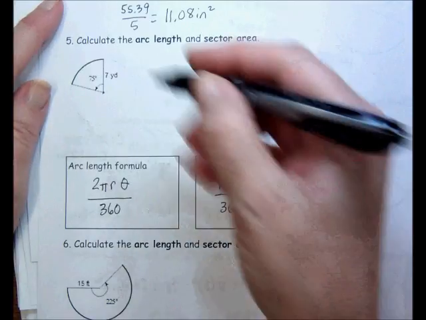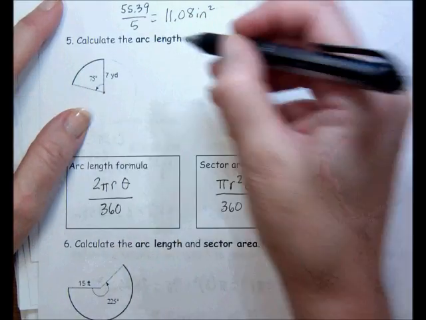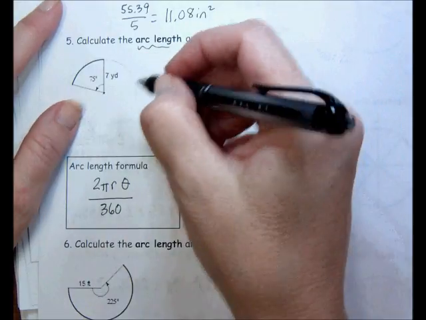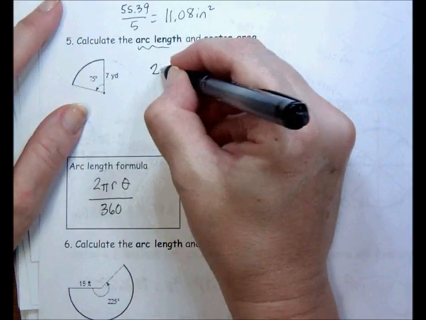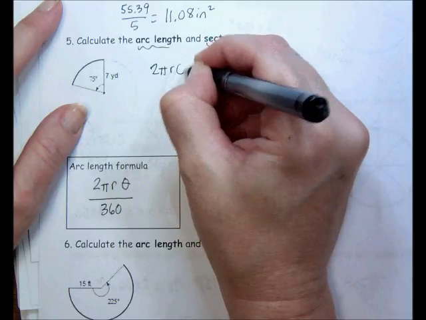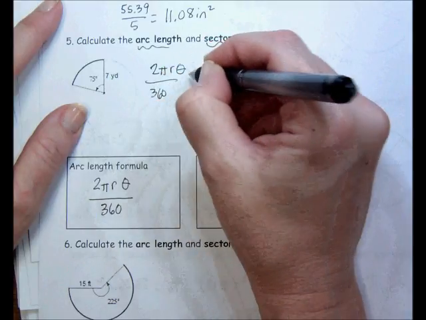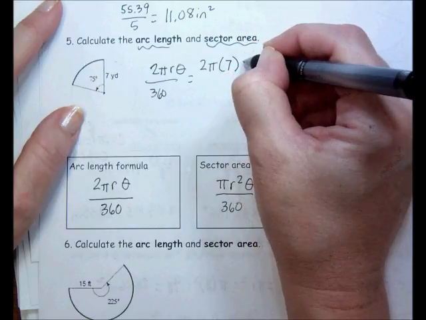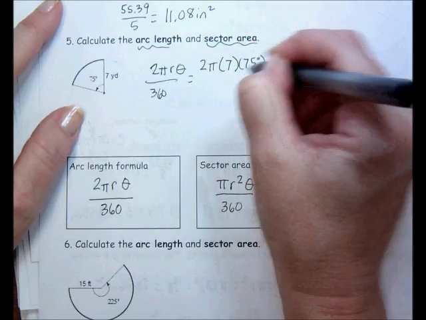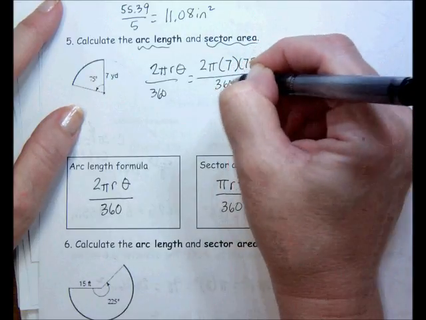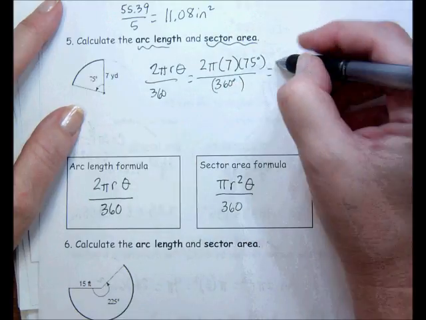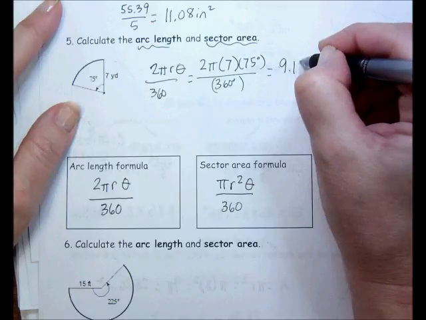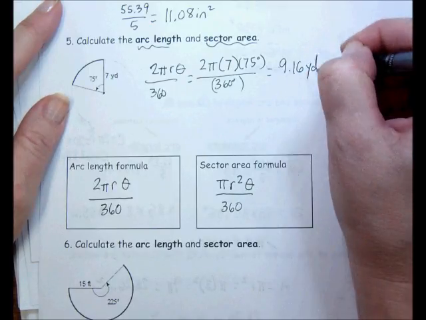So in number 5, we want to find the arc length and we want to find the sector area. For arc length, I just use my formula, 2 pi r theta divided by 360. I plug in my numbers, 2 pi and r is 7, theta is 75 degrees, and then 360 degrees. When I plug that into my calculator, I find that this arc length is 9.16 yards.